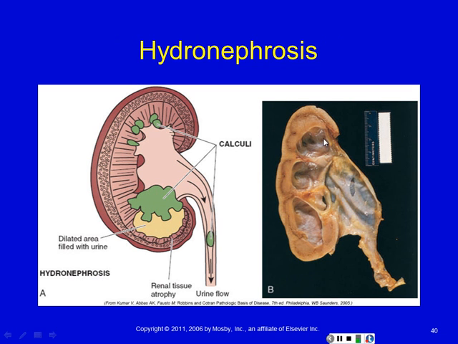So this is classic hydronephrosis, where kidney tissue has been squeezed to death by these big spaces of obstruction. Obviously this kidney is not going to work as well as a normal kidney. So if this goes on, this can cause renal failure.